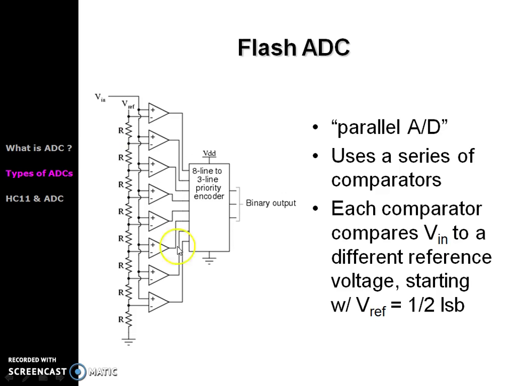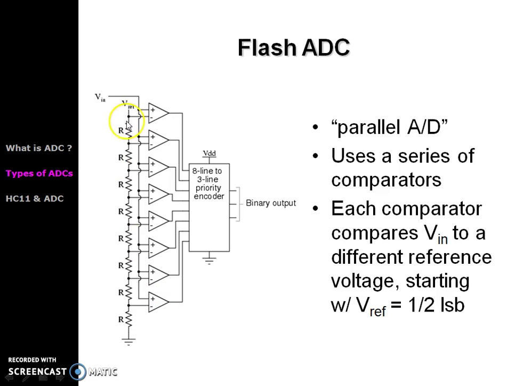They are arranged in this fashion, with a voltage divider network of 8 resistors and 8 comparators, and each comparator will have one threshold level.